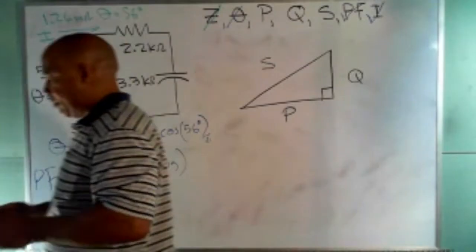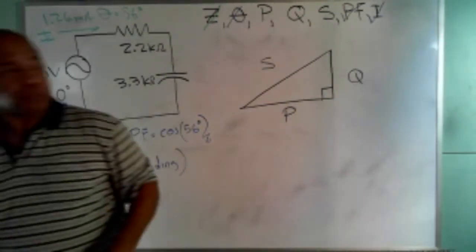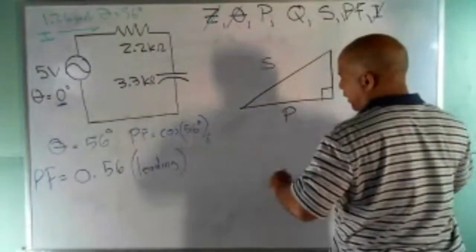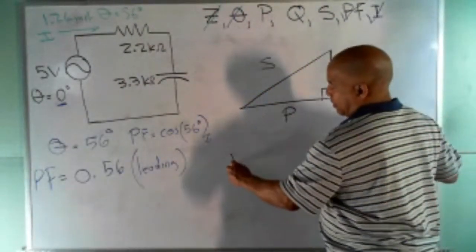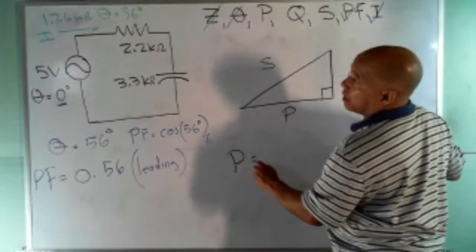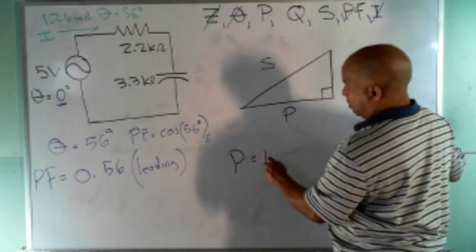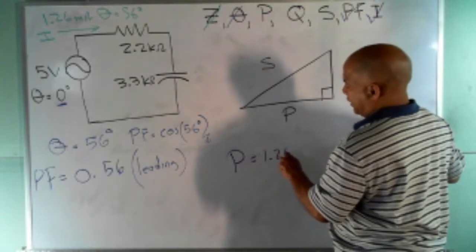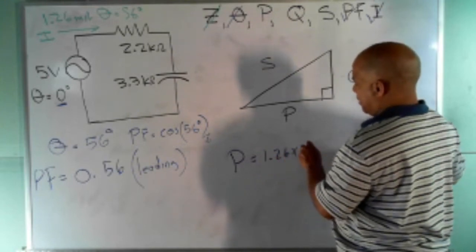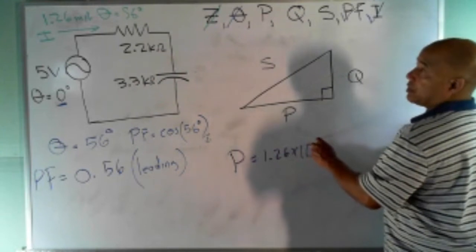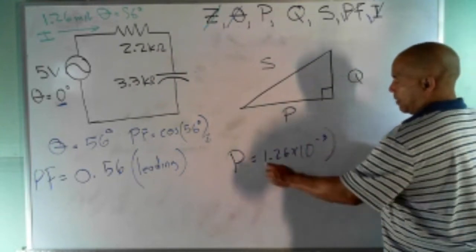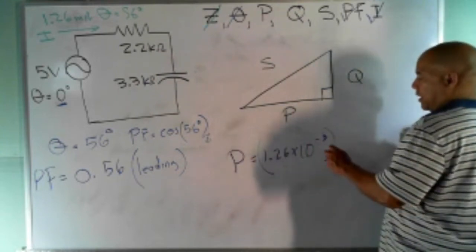Let me get a darker marker. So I'm going to find P. P equals 1.26 times 10 to the minus third. I should put my units in there.